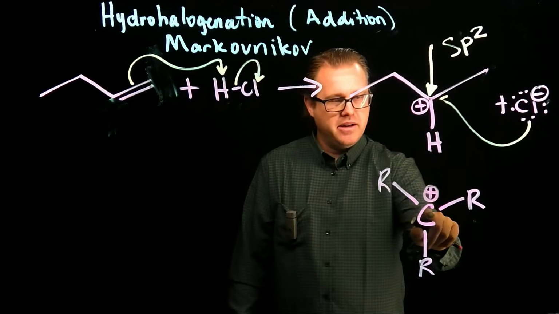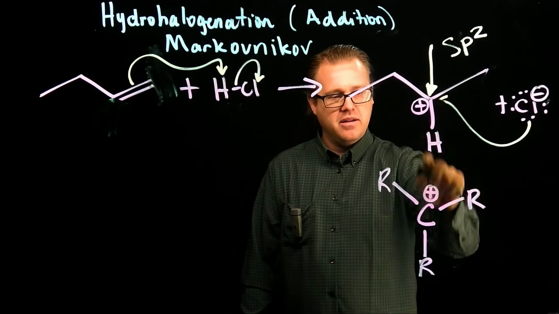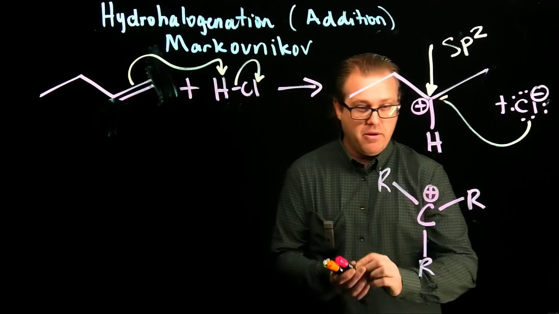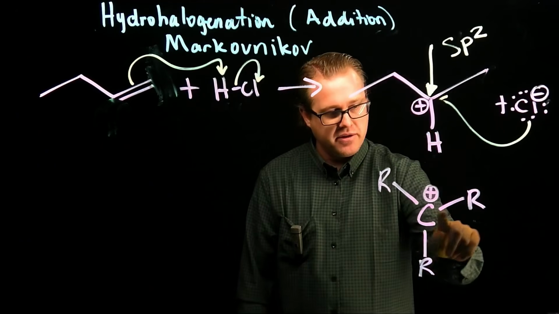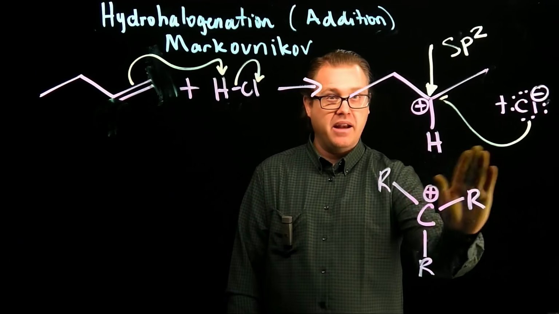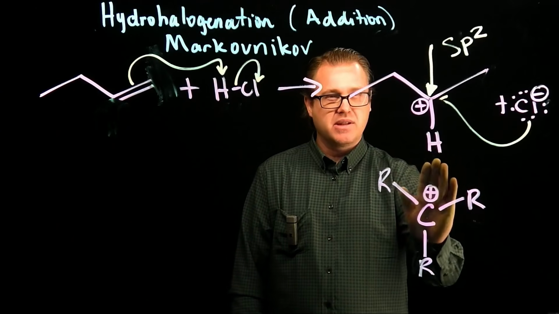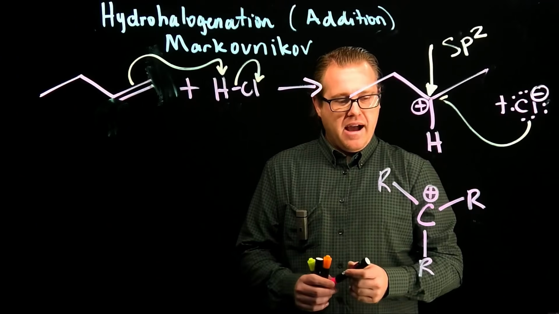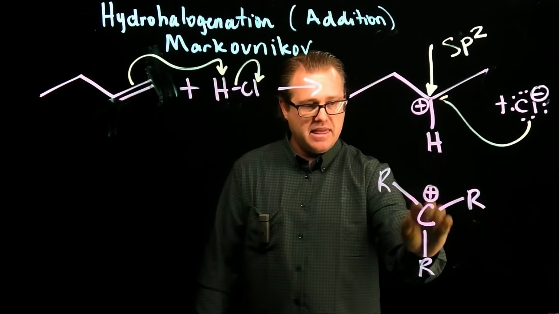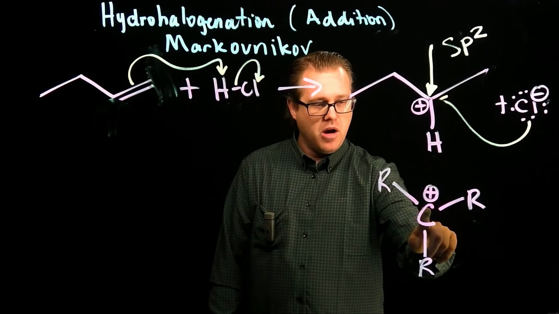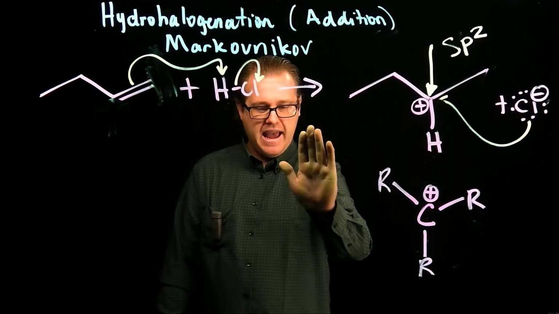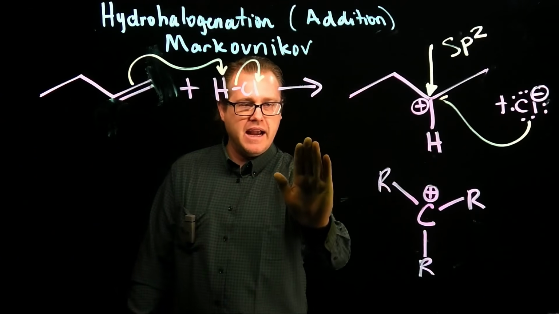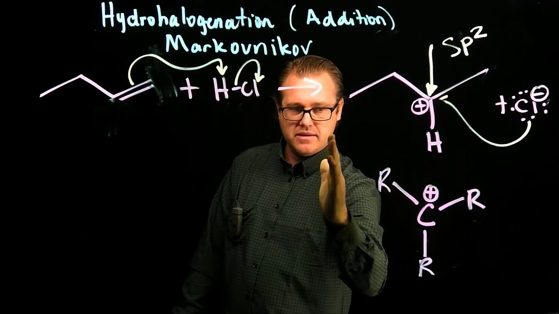So this carbon, which is this carbon right there, has the positive charge and it's sp2 hybridized. Just see how it is completely flat. All three bonds are in the plane of the glass. So it's completely flat. What I'm going to do now is I want to take this molecule represented by my hand, you see how it's flat on the glass, and I want to rotate it 90 degrees.